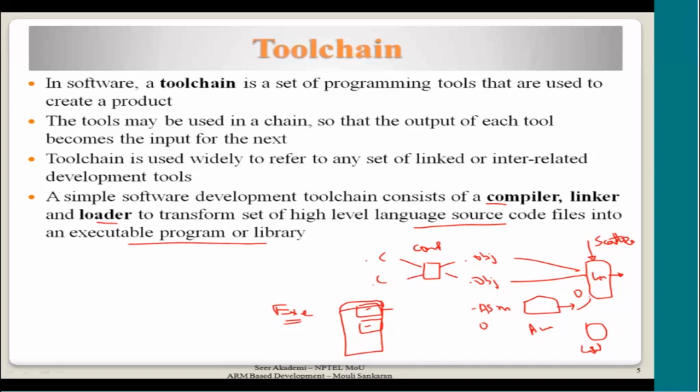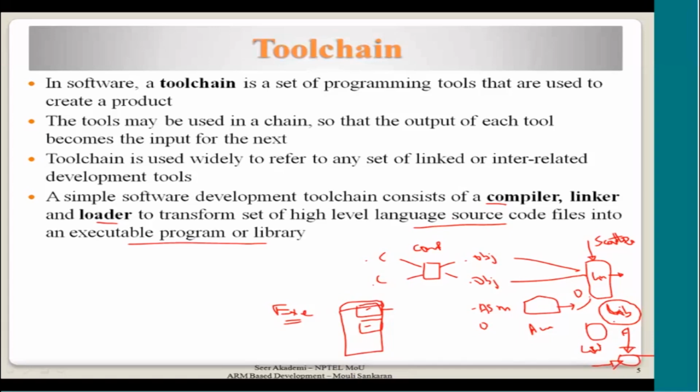Now, sometimes you may not be interested in generating an executable, but you are interested in getting a library. That means it may not be a final program executable, but it's a part of the program. Maybe it captures all the floating point operations. If anyone wants to use this library, they can link it with their own code and generate an executable.